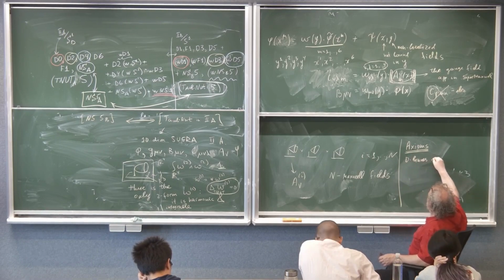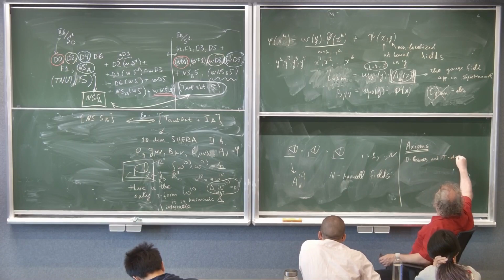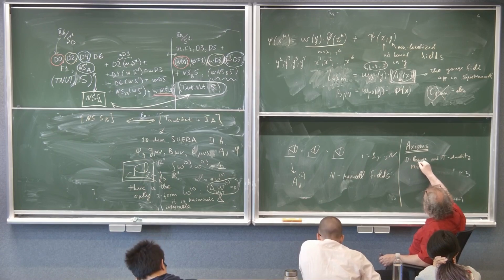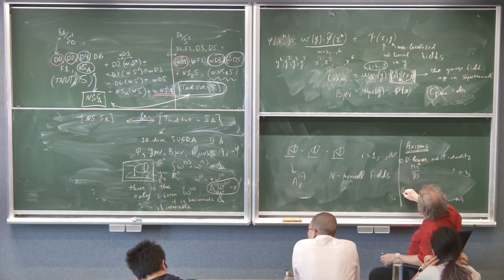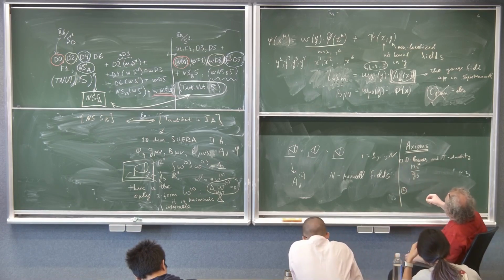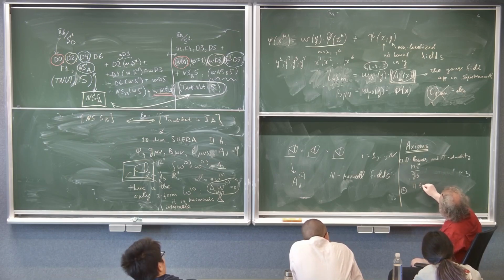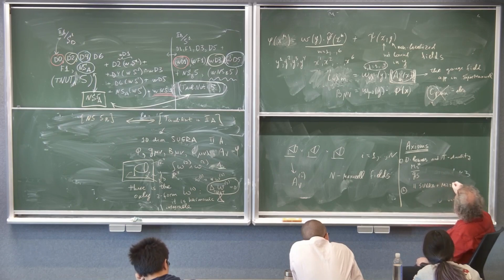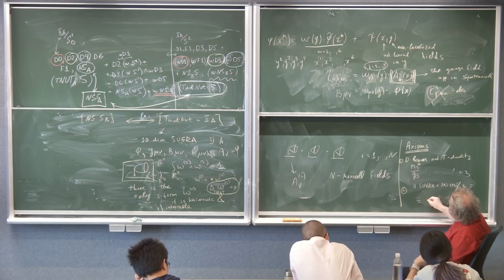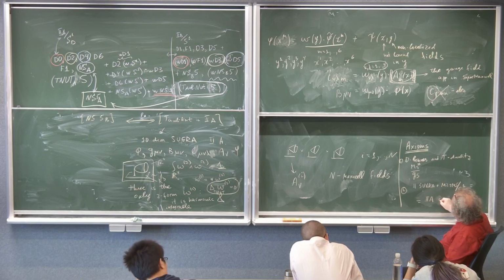D-branes and D-duality. Second axiom is that 11 sugra plus M2 plus M5 compactified on S1 is type 2A supergravity.